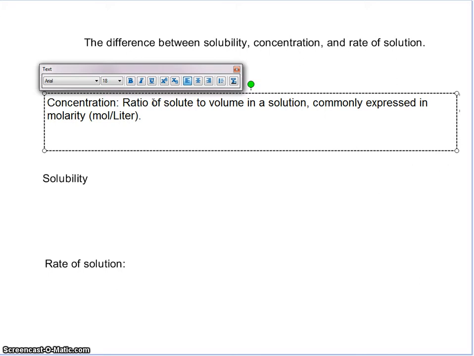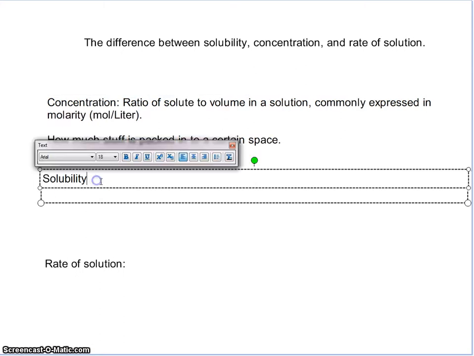And the definition on the streets would be how much stuff is packed into a certain space. Alright, it's a ratio though. So it's not actually how much there is, it's in a certain space. It's a ratio.